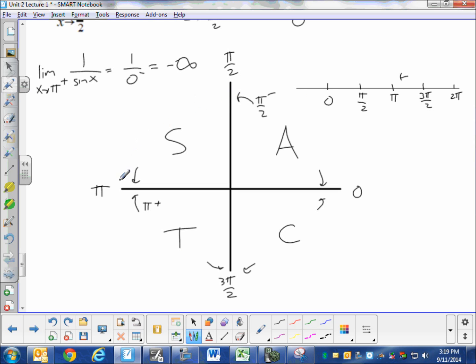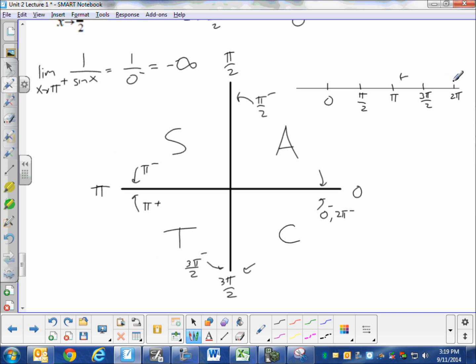So from pi over 2 to pi, this would be pi from the left. 3 pi over 2 on the left would be 3 pi over 2 from the left. This could be considered 0 or 2 pi, both from the left. Okay, so coming from 0, going to greater values, that's going from left to right, coming from the left, that's the same as counterclockwise.